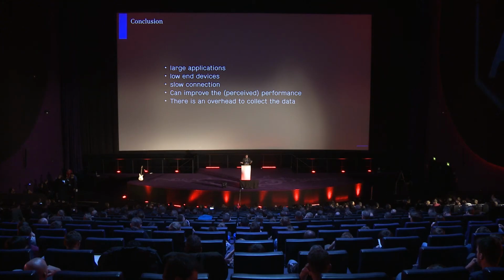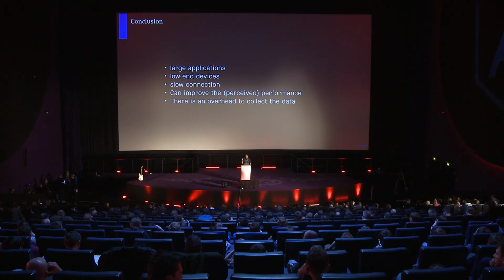It works if you have slow connections. The techniques I showed you can work to find out if you're on a slow connection device. And it can really improve the perceived performance, because most of the time your users will hit exactly that module next that you predict. And if not, well, it takes a little bit, but most of the time it will increase the perceived performance.